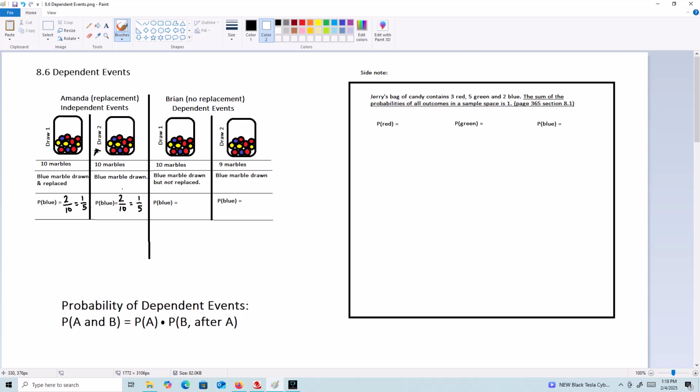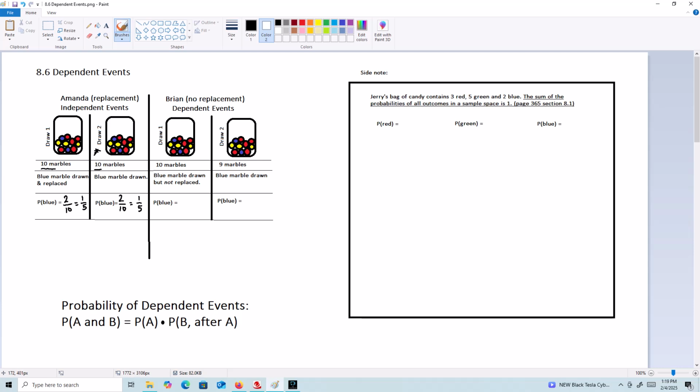So the first time we're dealing with 10 marbles, but the second time we're also still going to be dealing with 10 marbles. So the likelihood that we're going to get blue each time is not going to change, because we come back to the same starting point each time.